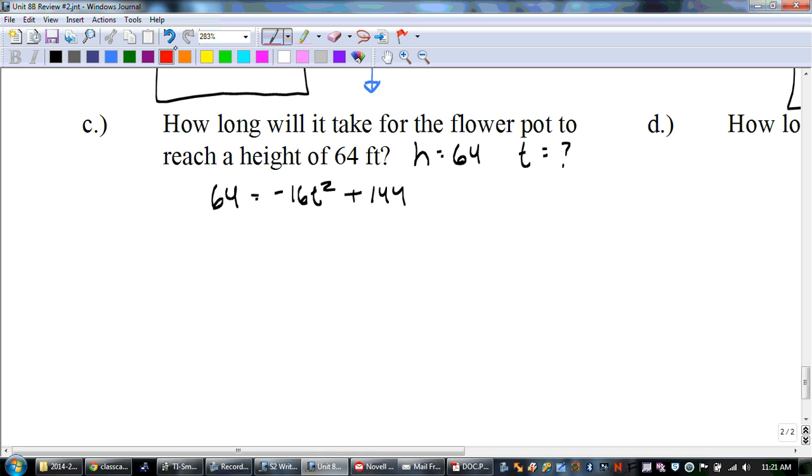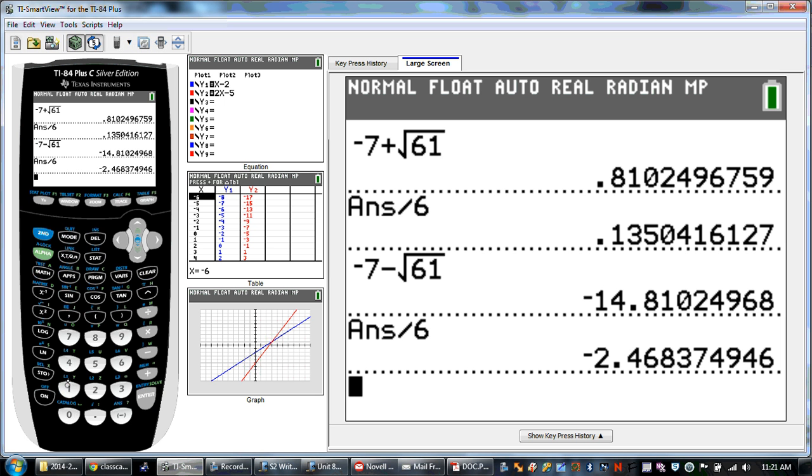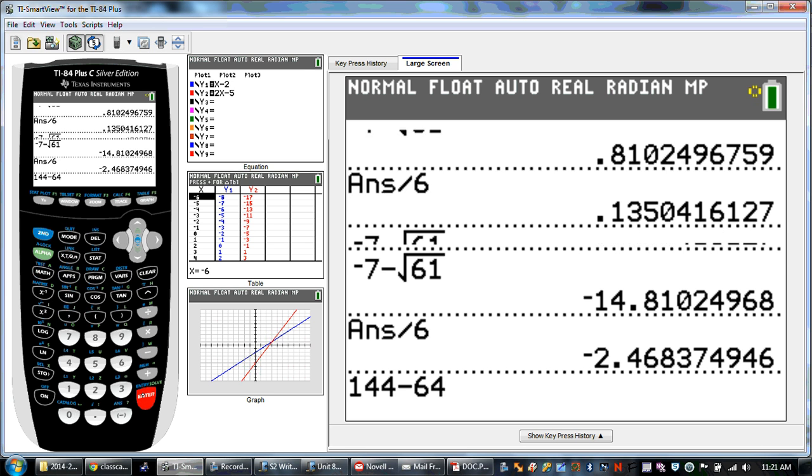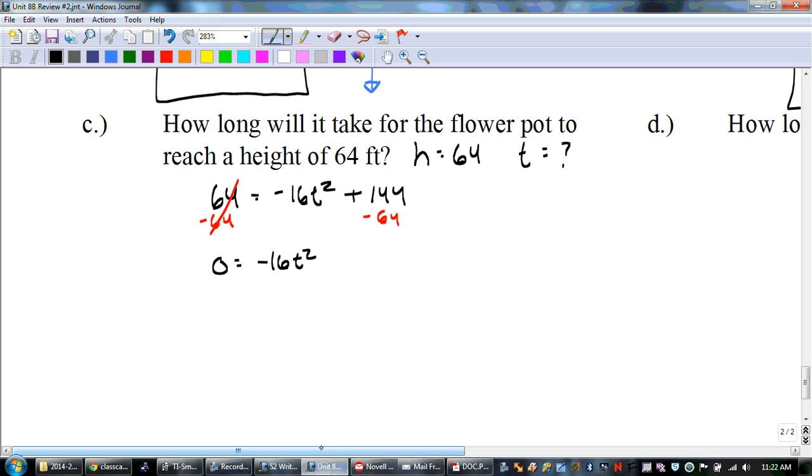So I'm going to move the 64 to the other side, and I got 0 equals -16t squared, and then I have 144 minus 64, which gives us 80. I want to have a positive quadratic term, so I'm going to add the 16t squared to the other side, and I get 16t squared equals 80.